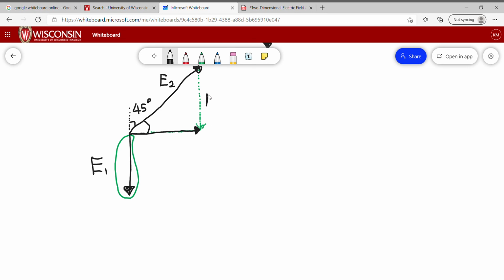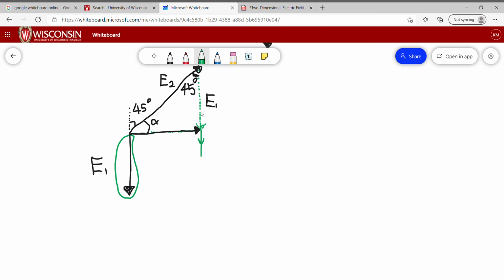This green vector here has the same length as E1. We only know that this angle is fixed, 45 degree. But if we don't know the magnitude of E1 and E2, then we don't know this angle alpha, because this green vector can be longer if we enlarge the magnitude of E1.